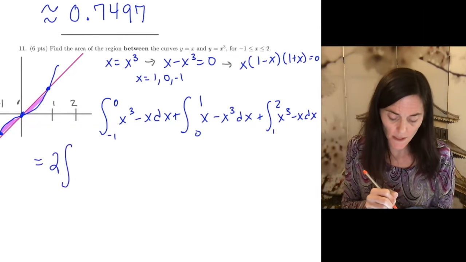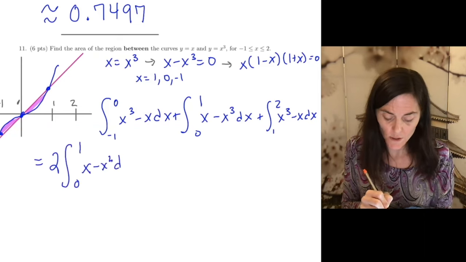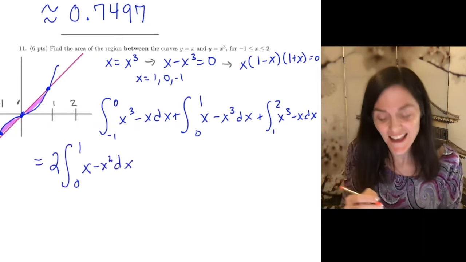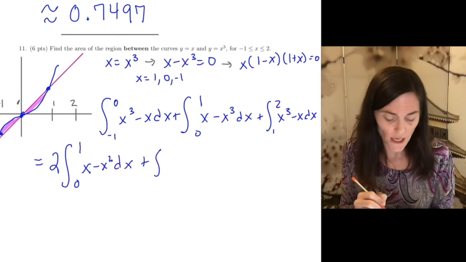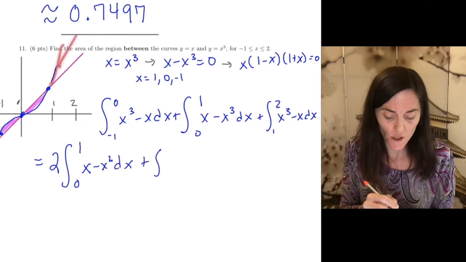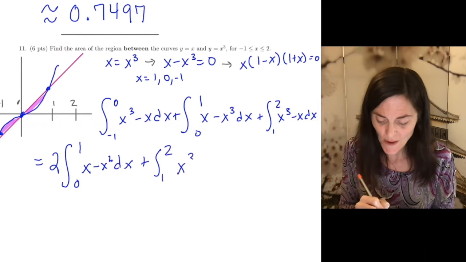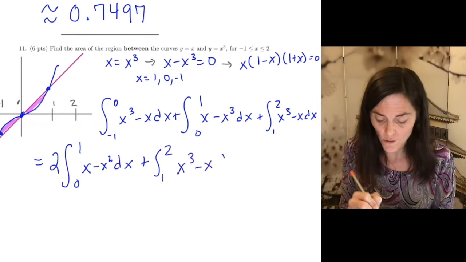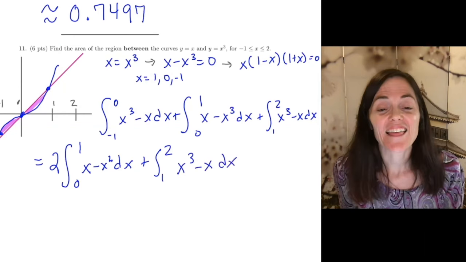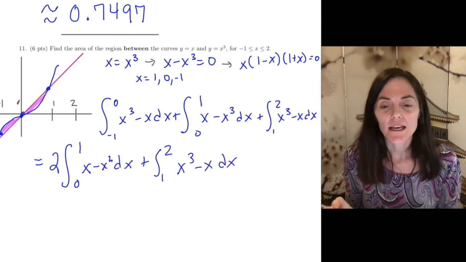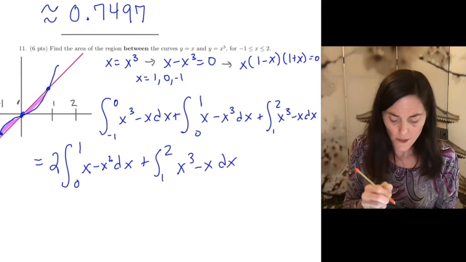Take 2 times the integral 0 to 1 of this. This would give us the total area I have shaded in pink. And then we have this part, which I don't have shaded. I don't even have this function going far enough to shade. I did it just far enough to set up the right integral. Okay? This is what we want to calculate. Oh, you can't see the 3.